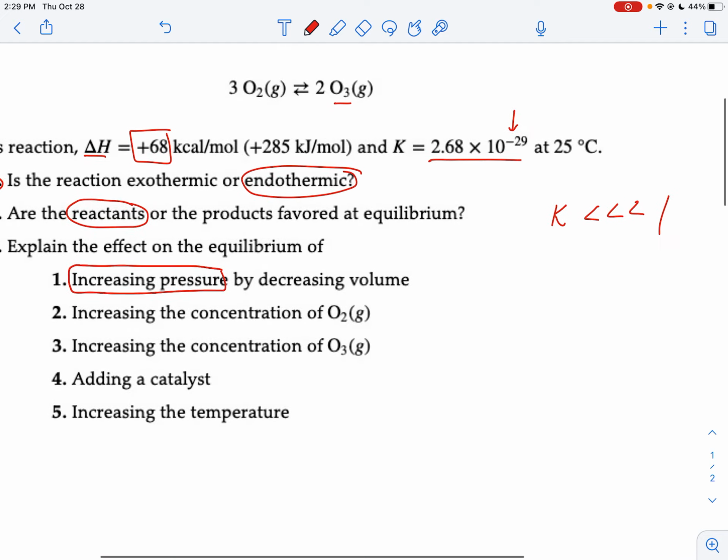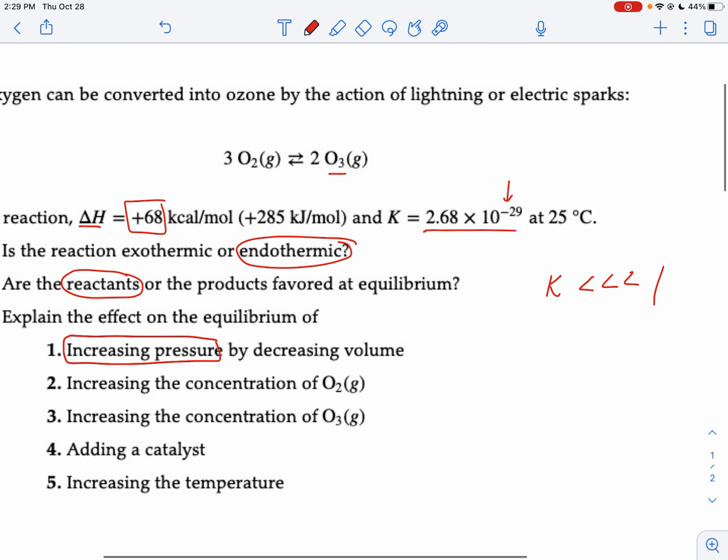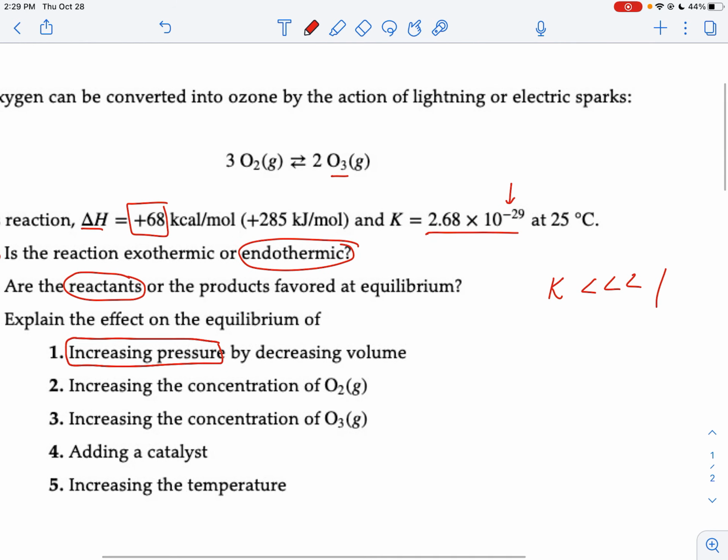So how do we determine if equilibrium is going to shift right or left? Remember, to do this, you assess how many moles of gas you have on each side. Here we have 3 moles of gas, and they're all gases. That's the only thing we have. And on the other side, we have 2 moles of gas. If we're increasing the pressure, equilibrium is going to shift to the side with fewer moles of gas.